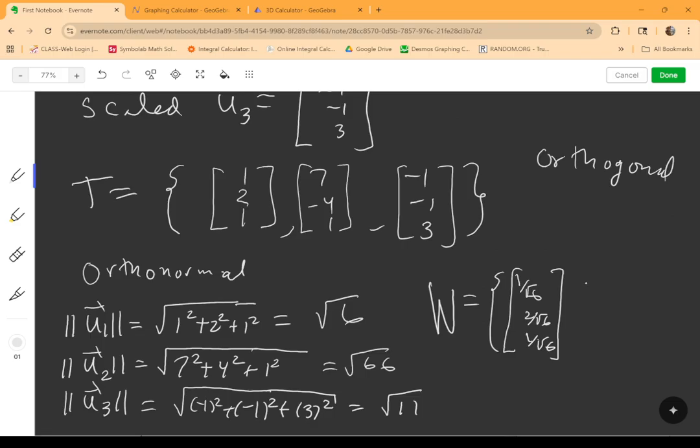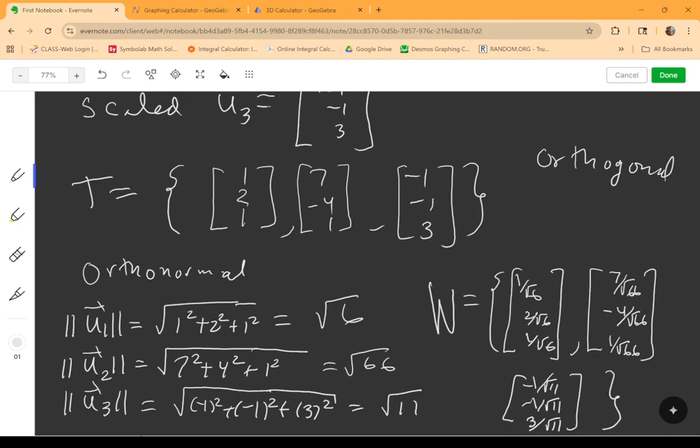And then the other one would be 7 over root 66, -4 over square root 66, and 1 over square root 66. And the last vector would be -1 over root 11, -1 over root 11, and then 3 over root 11.